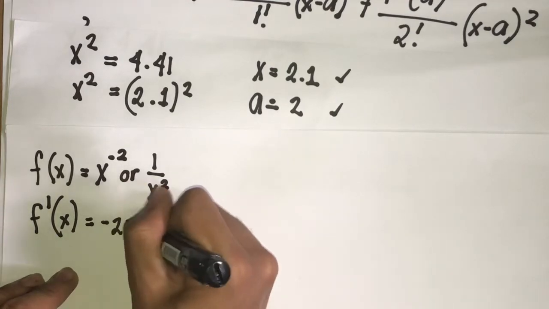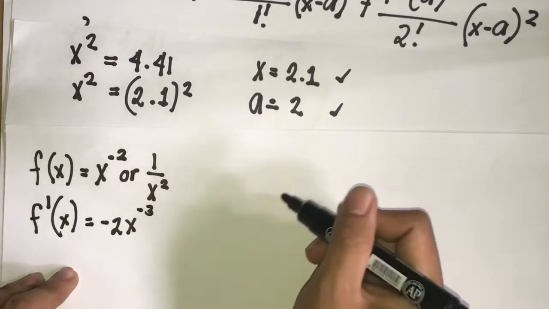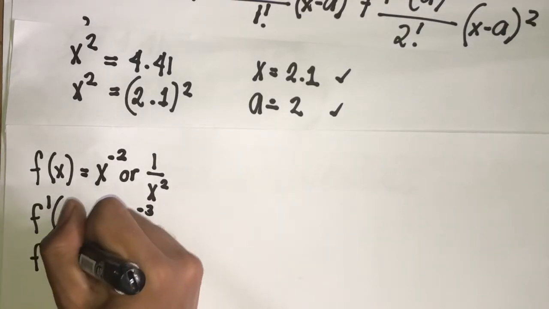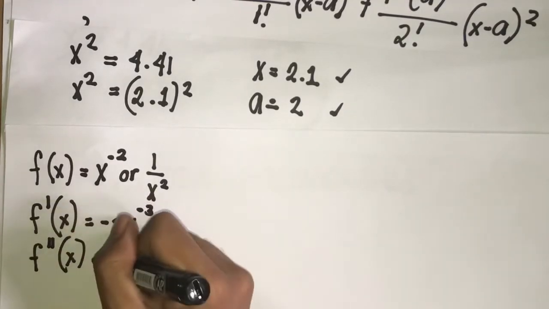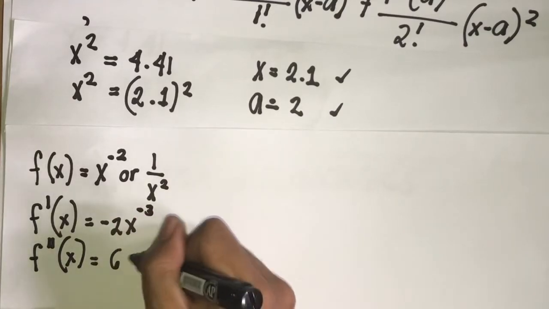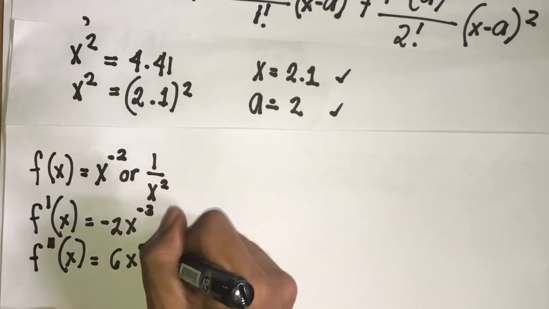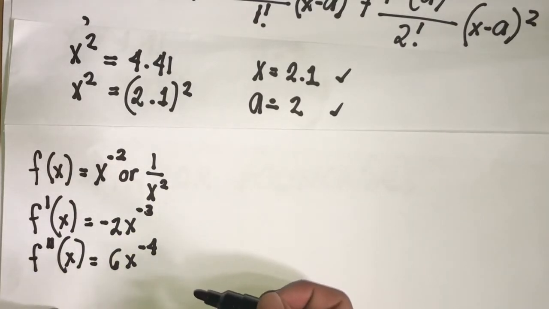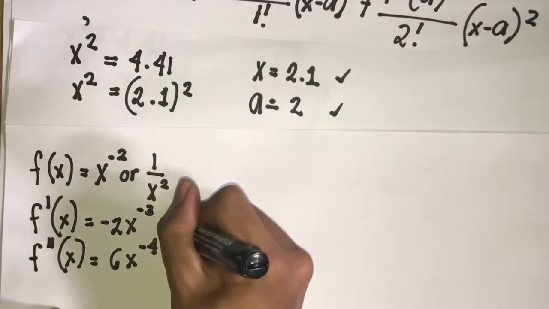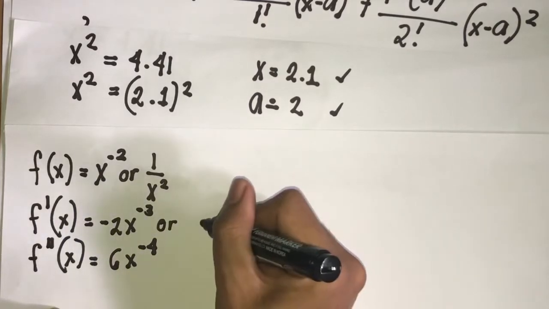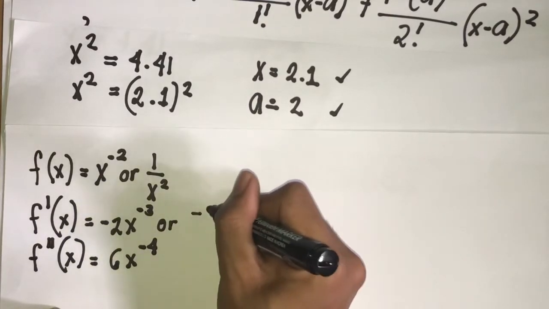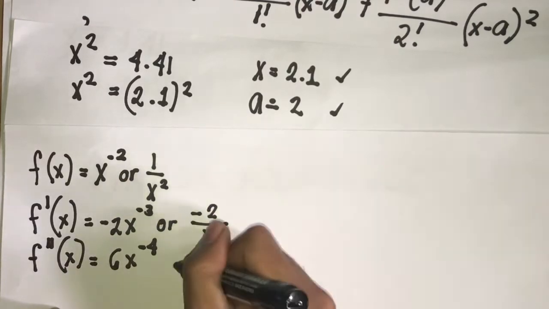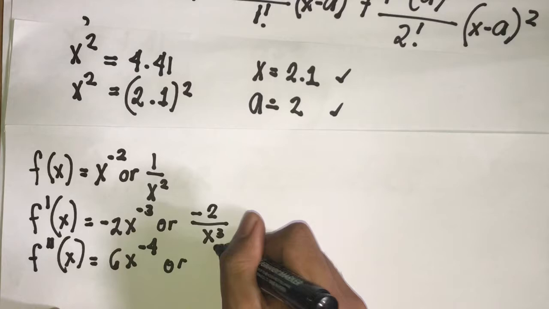That's going to be negative 2x raised to negative 3. And for the second derivative, that's going to be 6x raised to negative 4. But first, let's eliminate the negative exponents so it would be convenient for us to solve our approximation later.